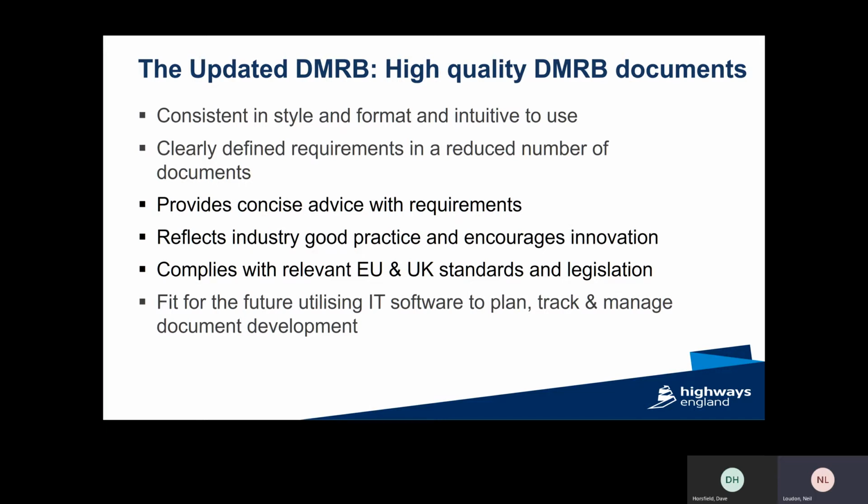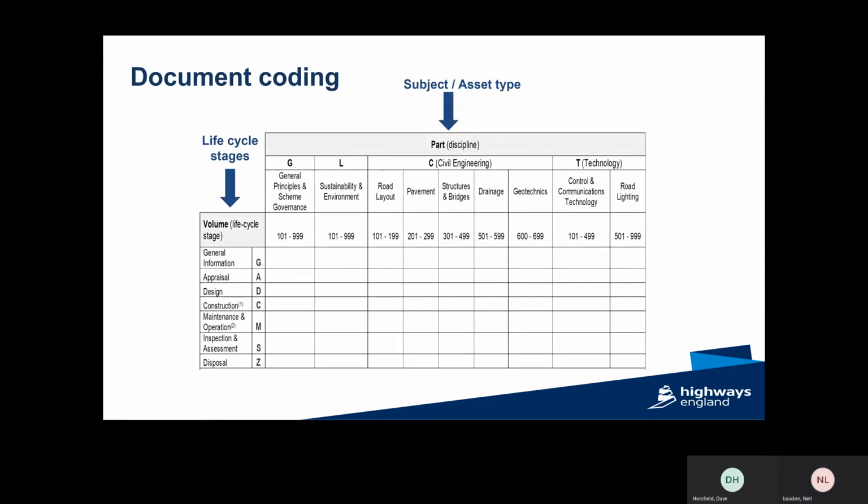We also use some software to help track and manage the document development programme. Now, one thing people will notice immediately is that the familiar numbers that people have used in the past, such as BD2 for technical approval, have now been replaced, and there's a system of numbering for all the documents that's based on the asset type.